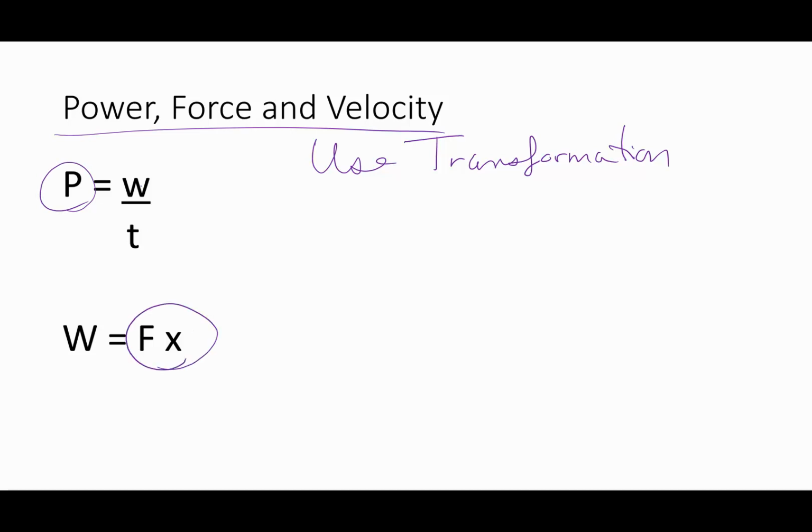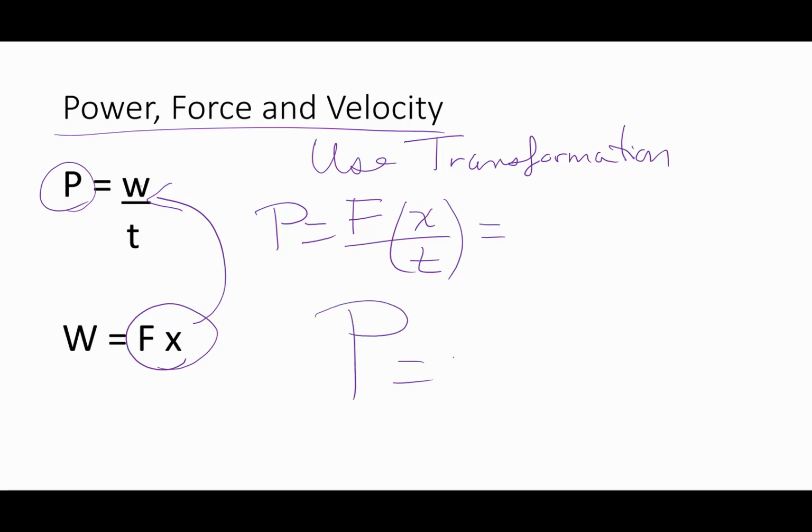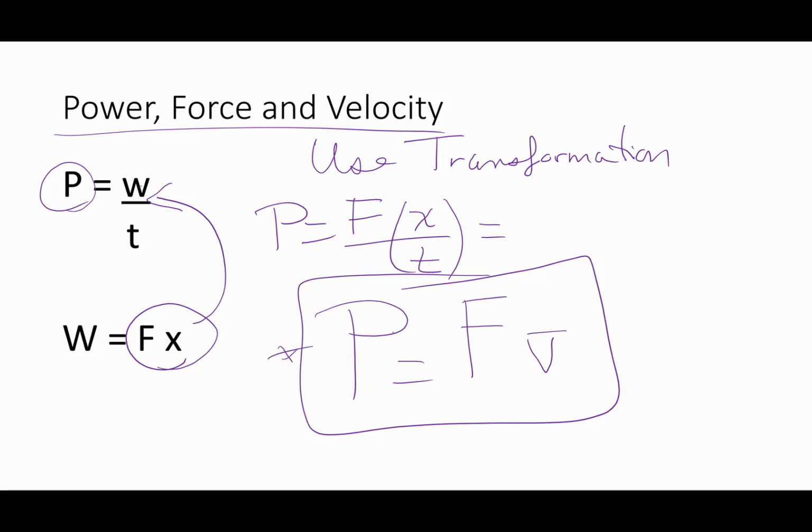Work is force times displacement. So if I put that in there, power is force times displacement over time. What's displacement over time? That's actually velocity. So another very useful format of this equation is power is force times constant or average velocity. And once in a while, that little rearrangement, boy, that'll make a problem easier.